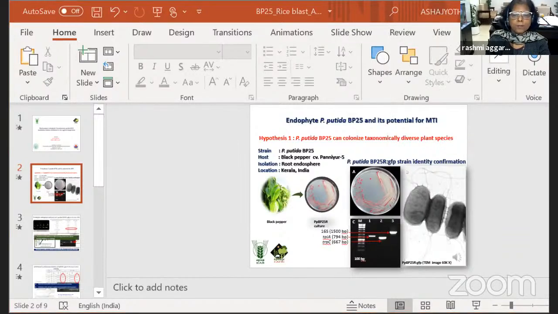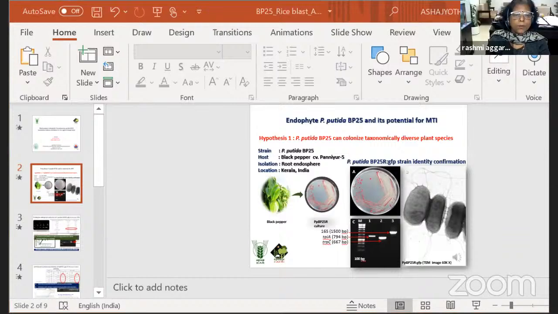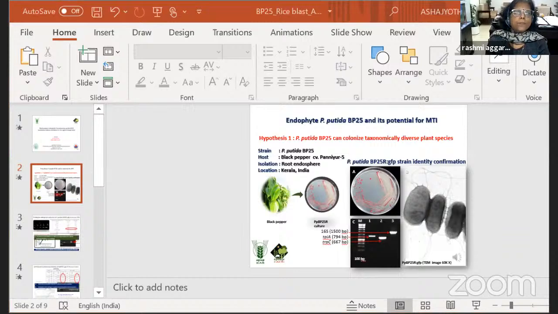Everybody got this confusion, no? I think the message for next time is never to record it, because sometimes there are compatibility problems. Yes, Asha Jyoti, you are muted. Unmute yourself.